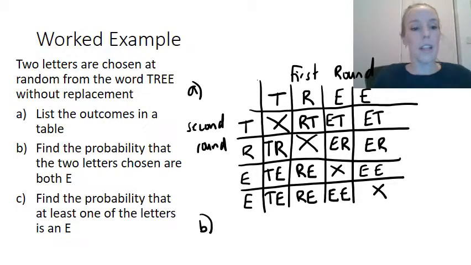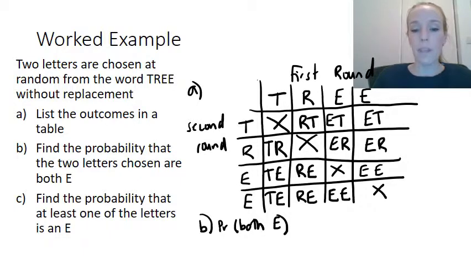So for B, find the probability that the two letters chosen are both E. Well, we just have to look at our table and count out how many options we have that they're both E. So this option is two E's and this option is two E's, and they are our only options. So our probability is going to be 2 over our total number of outcomes.